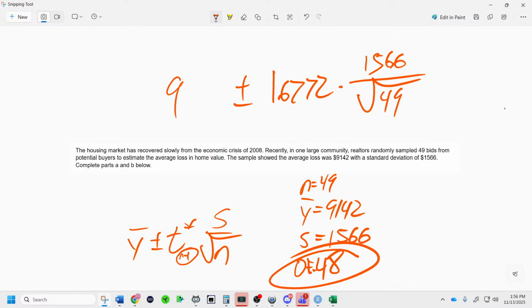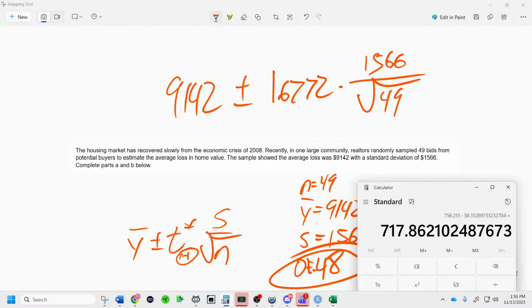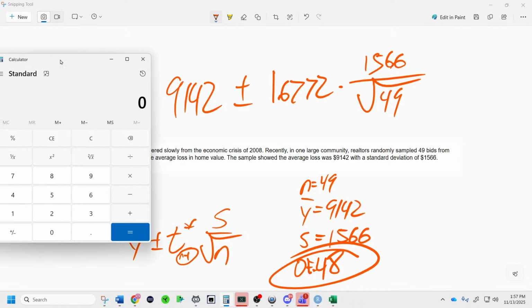The y bar is 9142. And so let's clear out here. 49, that's 7. Square root of 49, everyone knows that. And 1566 divided by 7. And then times 1.6772. And then we just add and subtract.